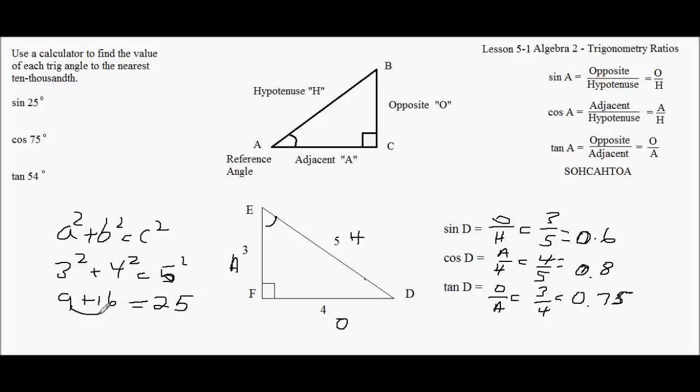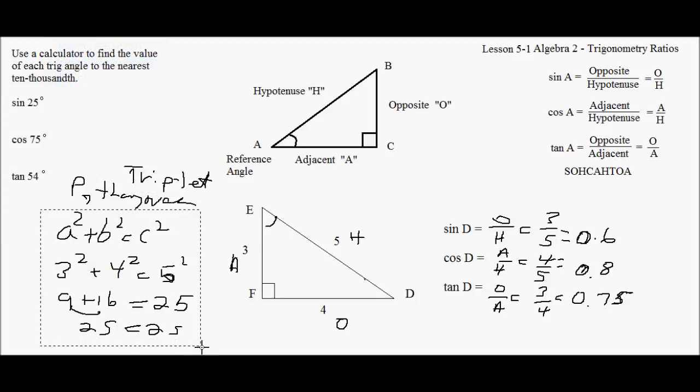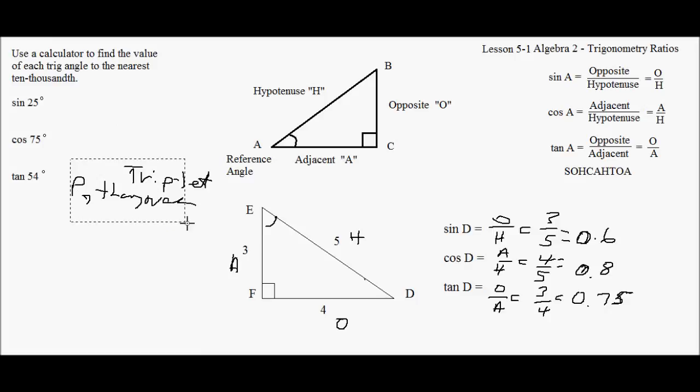Sure enough, 25 equals 25. The Greeks loved this stuff. They called it a Pythagorean triplet. There's not very many, but there are a few, and the Greeks loved them when 3 whole numbers make a right triangle.